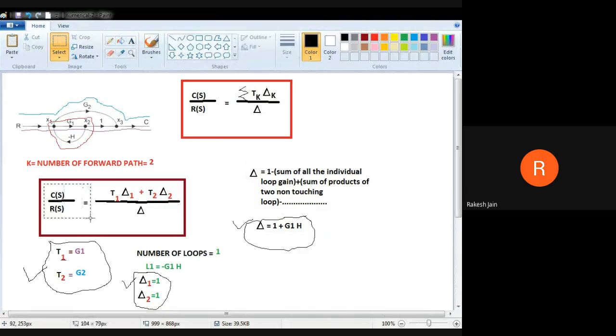Okay, so now I write down the final answer by putting all these values in this formula. CS upon RS is equal to T1. What is T1?